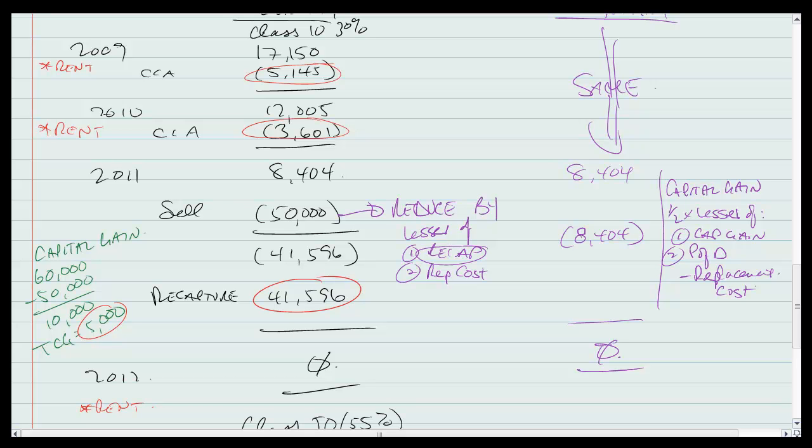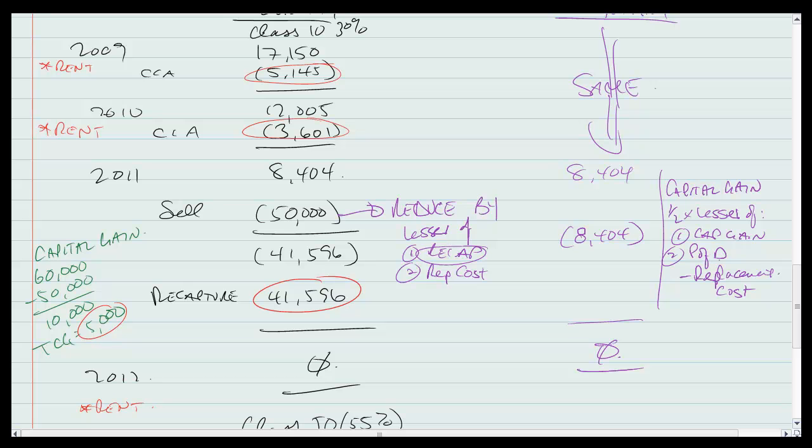So again, I want to remind you that in the real world this would be done on an amended return. Their 2011 return would have been filed with $41,000 of recapture and a $5,000 taxable capital gain. Now we're looking back from the future, and they're going to file an amended 2011 that's going to have this number.